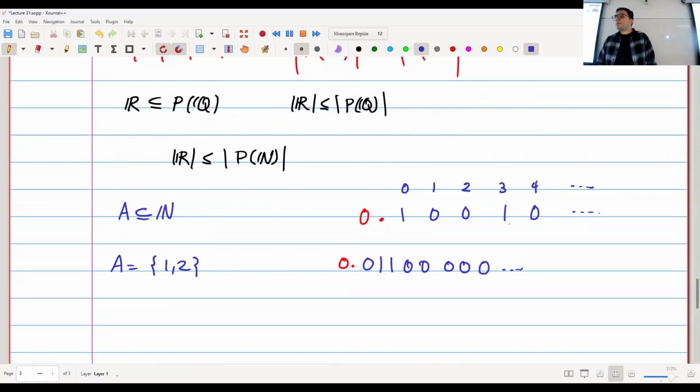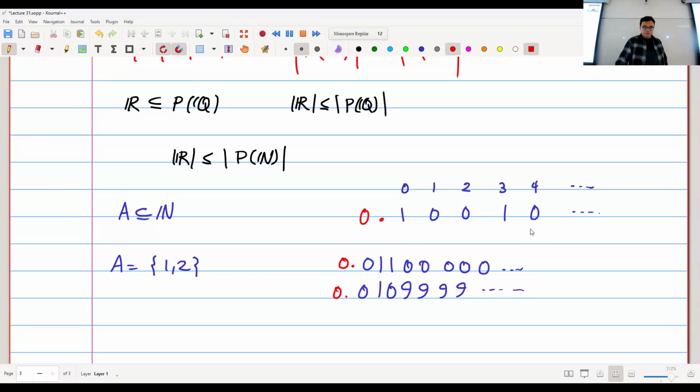But this was not an acceptable decimal expansion for a real number. So I have to do a corner case. I have to say, if this subset A is finite, take this last 1 here and just replace it. Do a 0 here and then put 9 all the way after that. So for finite sets, I'm going to have a slightly different notation. I mean, this number is the same as this number anyway, but I want to use this second notation. And for infinite sets, I just map normally.